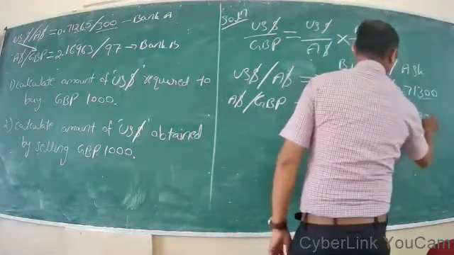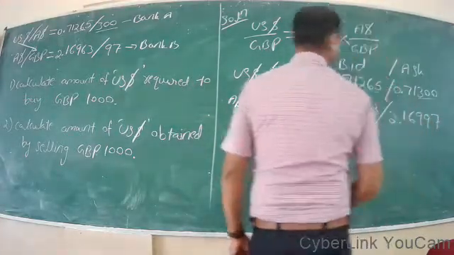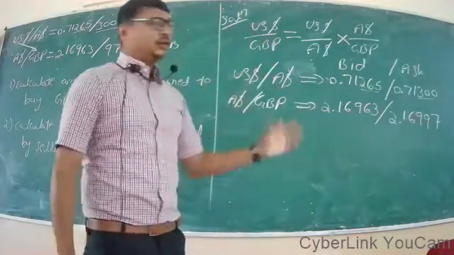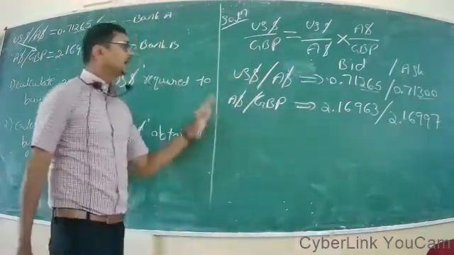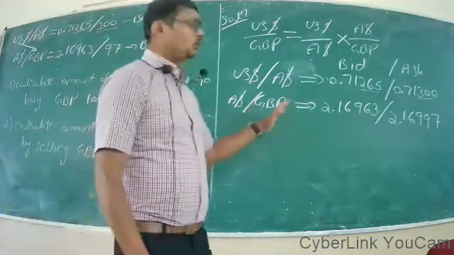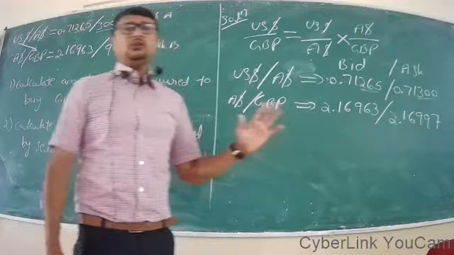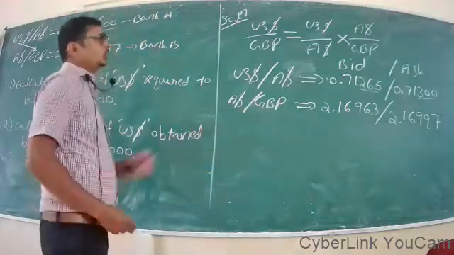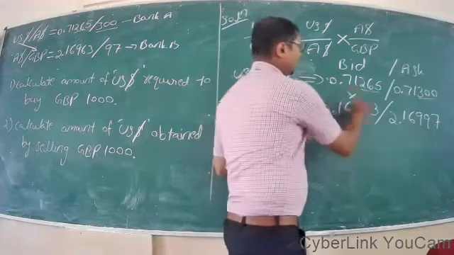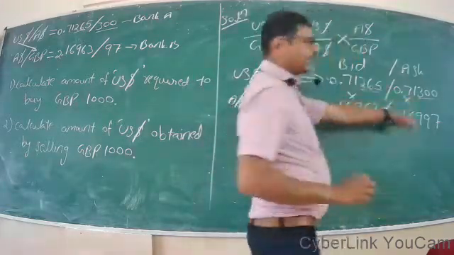So 2.16997 is the ask price and 2.16963 is the bid price. That is Australian dollar per 1 unit of GBP, 1 unit of pound, right? Now the thumb rule says bid must be multiplied with bid and ask price must be multiplied with ask price.